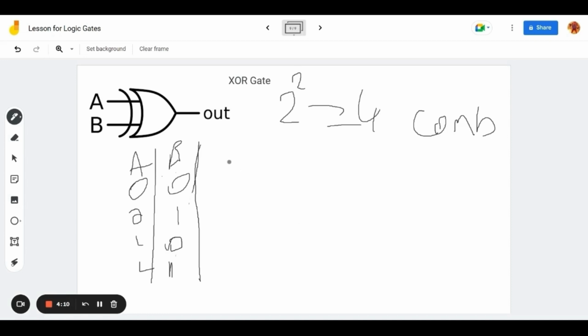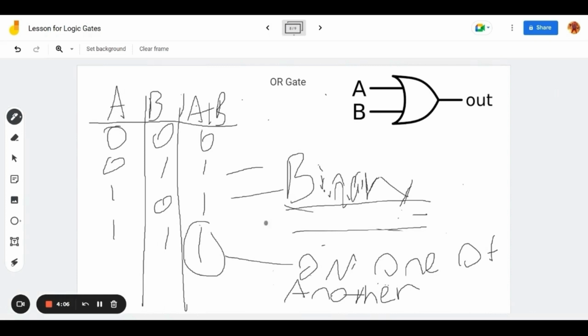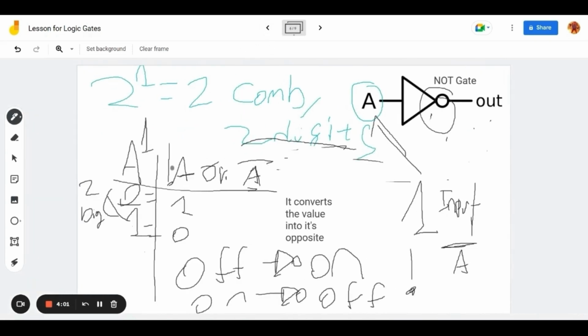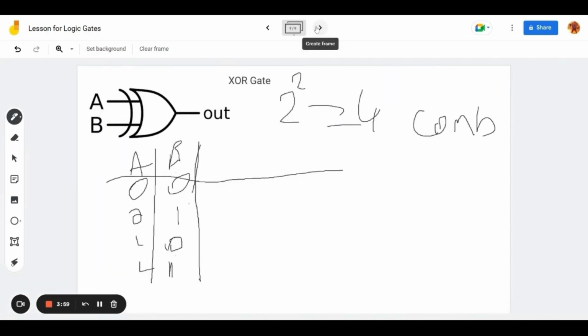Just like how every other gate has its own way of being shown, like A plus B, AB, and so on, the XOR gate has its own way of being shown. It is A plus B, but the plus has a circle over it.